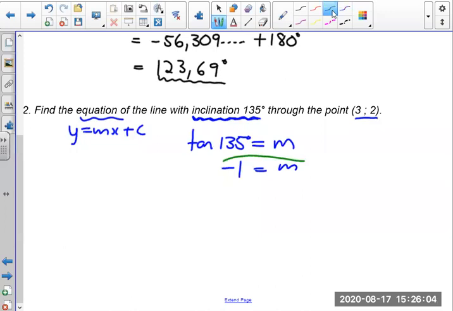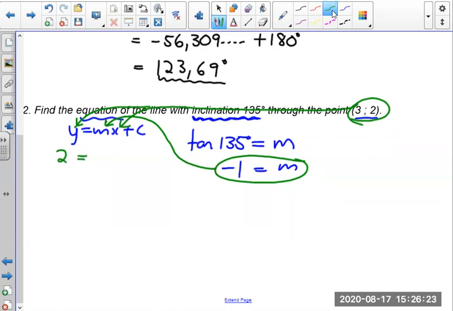So now you just substitute the minus 1 into the gradient and the point that they're giving you into the place of x and y, and you can find the equation. So y is 2, the gradient is minus 1, the x coordinate is 3, and you can calculate c. And that will give you a c value of 2 plus 3, which is 5.